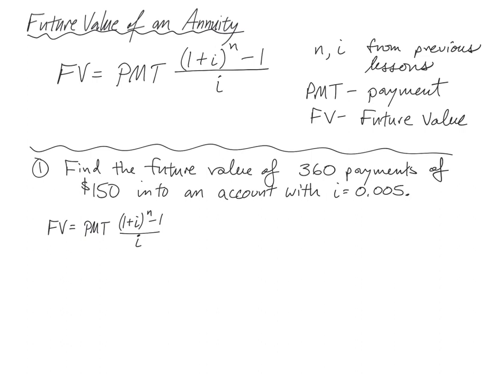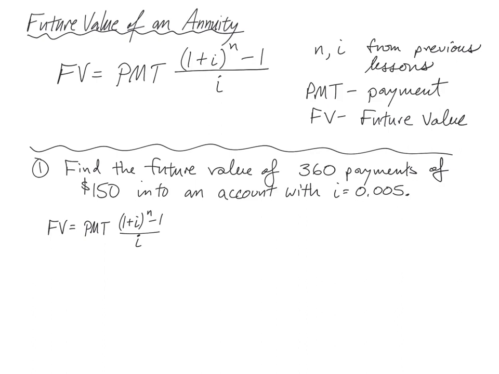Here is the equation to figure out the future value of an annuity. If you've seen the previous videos, you know that there are a lot of similar notations and variables from those videos represented in this equation.